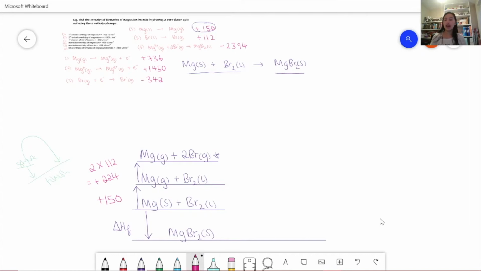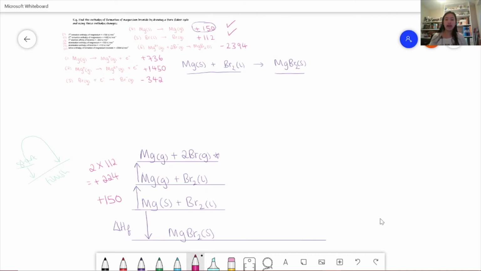First of all, I'll tick off the ones that we've already done. So we've done number 4 and we've done number 5. The next thing I can do is use the ionization energies of magnesium, the first one and the second one.